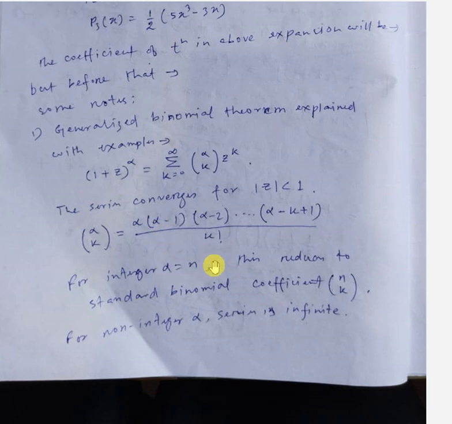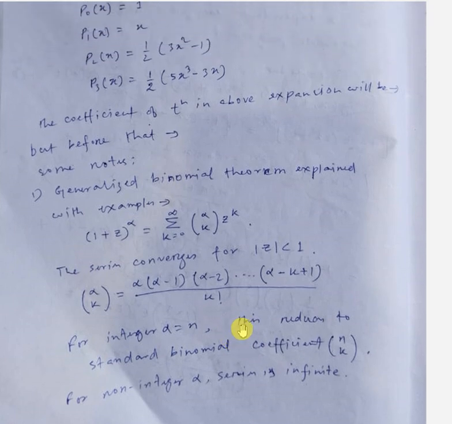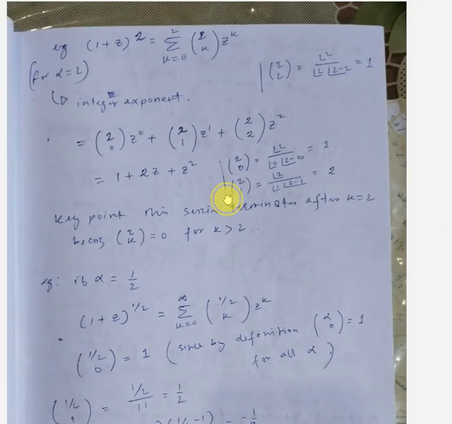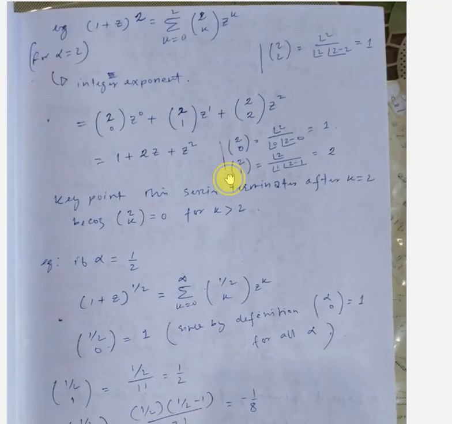So if alpha is an integer, this reduces to the standard binomial coefficient n choose k. Now for non-integer alpha, the series is an infinite series. For example, (1 plus z) square.